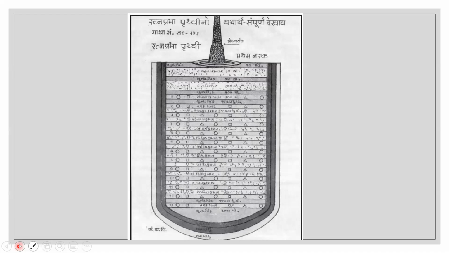So let's see the cross section of the first Narkavas in some more detail. On the Swayambhutal Bhumi, we have Meru Parvat, and just below the Meru Parvat, for the first 10 yojans, you have Sunya Pind. Sunya Pind is empty space.